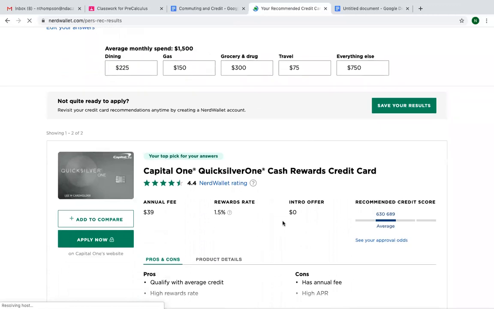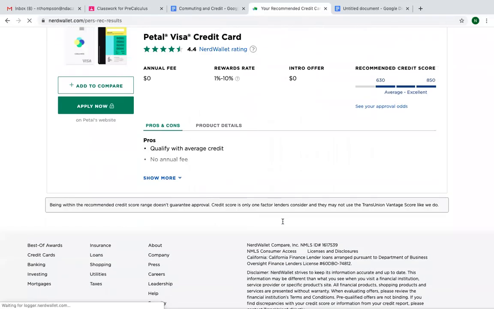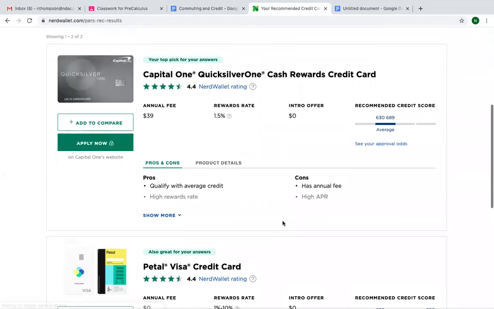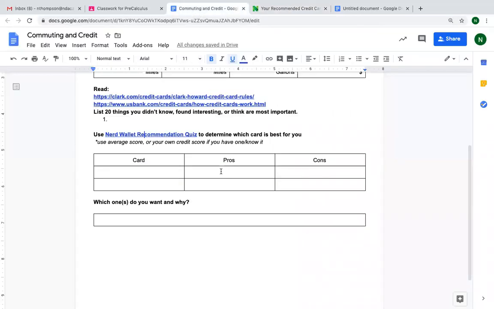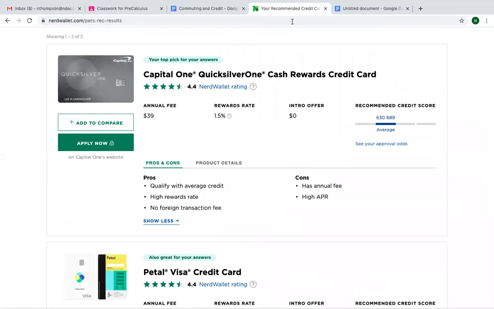Okay, so here they gave me 2 different cards. Sometimes you might have more. If you have more, then you need to do more. But here you'll see that they list the pros and cons, and back on your sheet, I gave you a column to list the pros and cons. So you'll list all of those, and you might want to do a little bit of extra reading because some of you might not know what APR is.